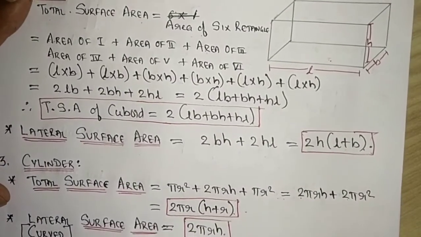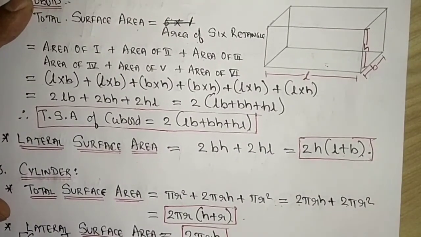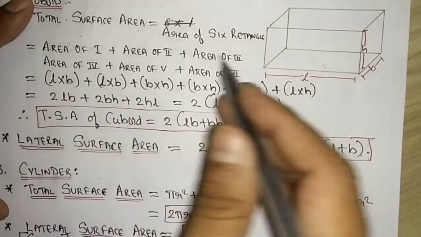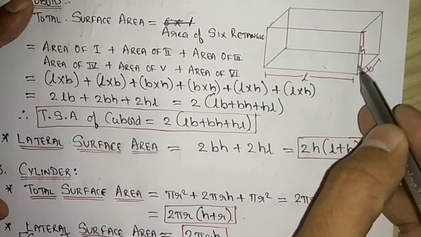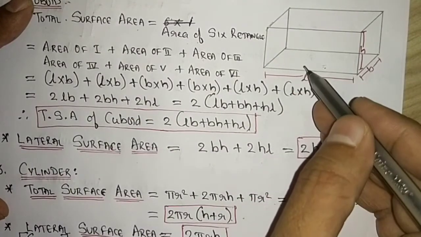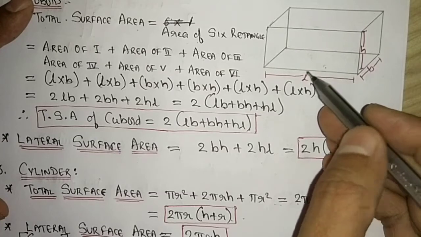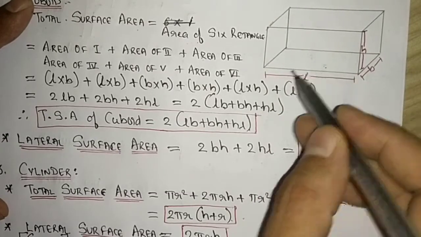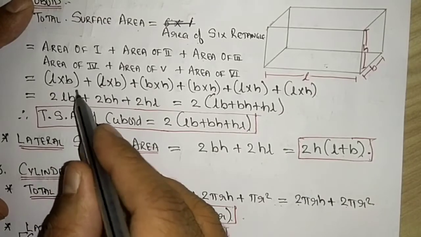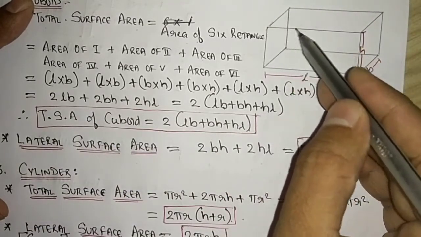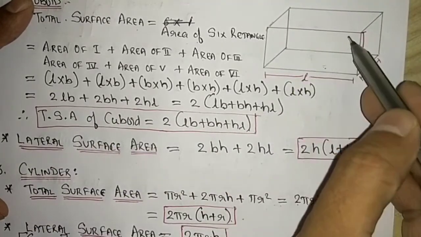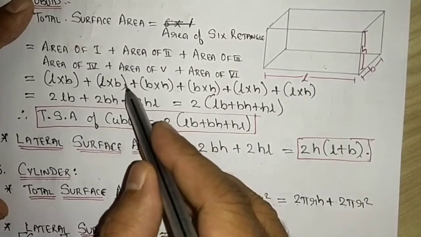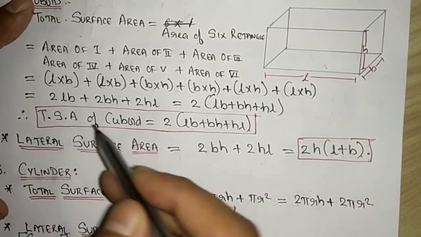Now let us see how we can find the area of rectangle 1, that is of the bottom. You know the area of rectangle is length into breadth. Its area is L into B. In the same way, the area of the top will also be L into B. So I added them.